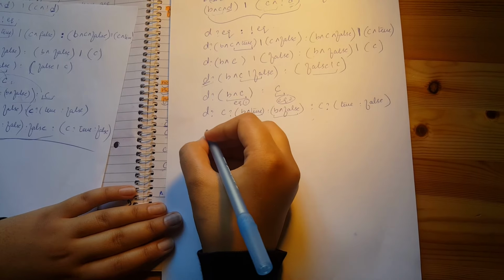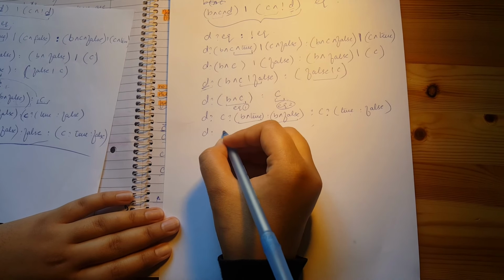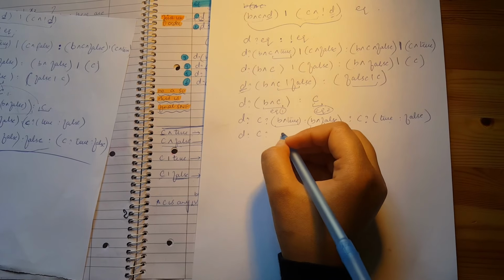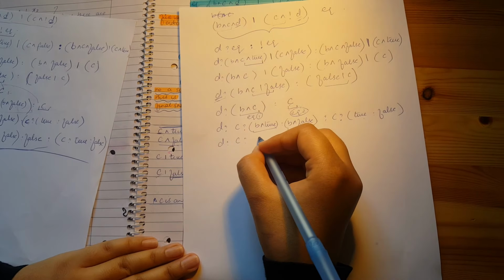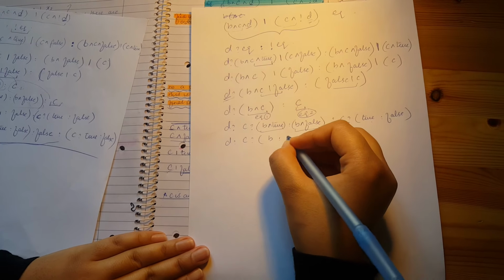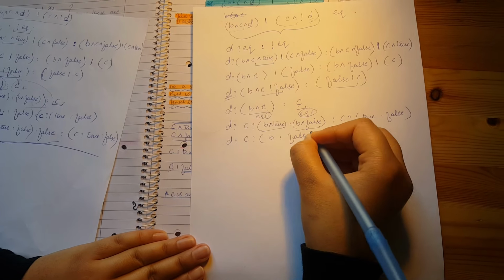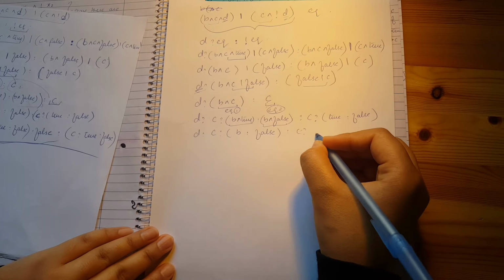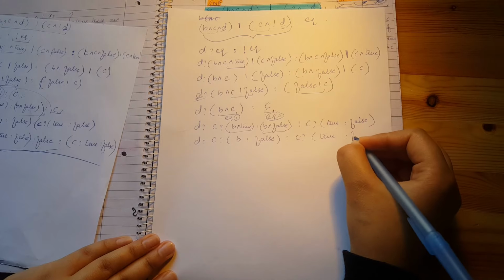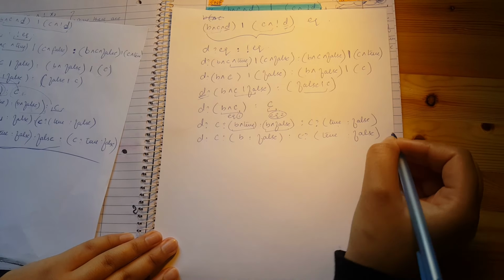Alright, and now let's solve it. What we will get is B and true is B, and then B and false is false, and then it will remain the same, true and false. We cannot solve it further.